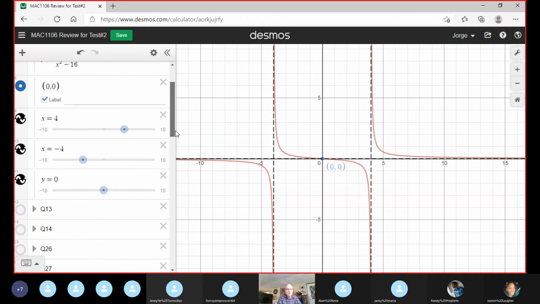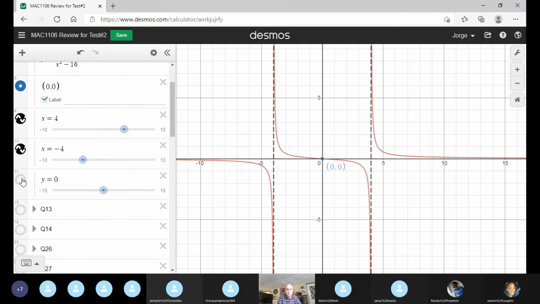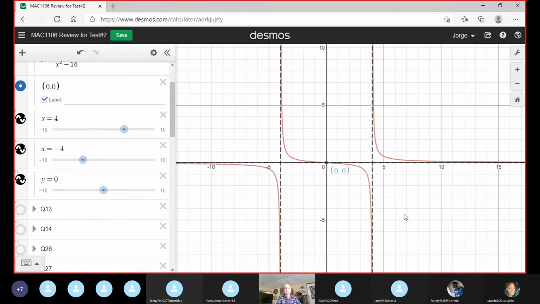We have the vertical asymptotes at +4 and -4. We have the horizontal at y equals 0. End of the story. Any question? So what option did you select in the handout? You selected option B, I guess, no? Option B, right?